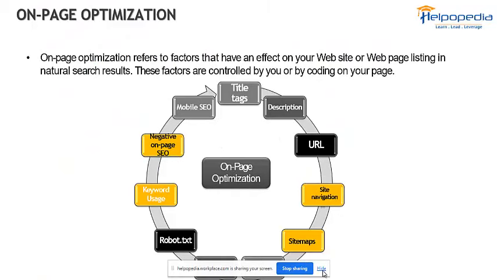Then we have sitemaps. A sitemap is basically a file which contains all the URLs of the website, uploaded in an XML format on the root server of our website. Why do we upload these sitemaps? Because sometimes I do not want all the URLs or pages to come up in search engine.